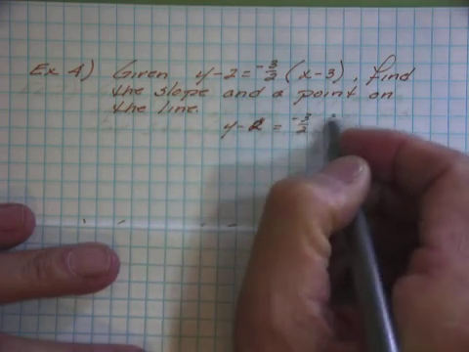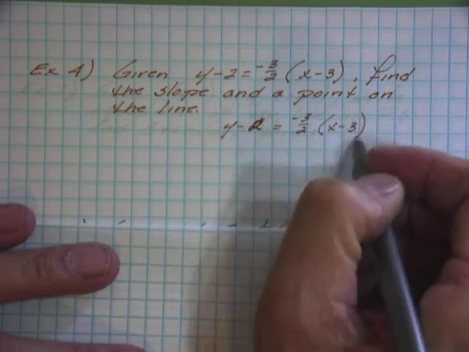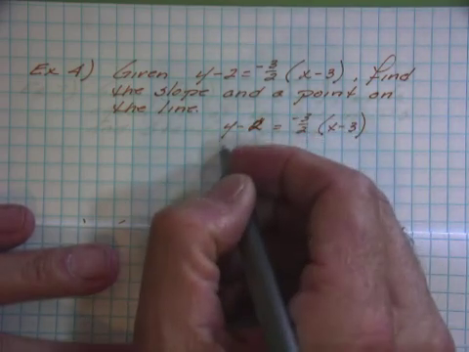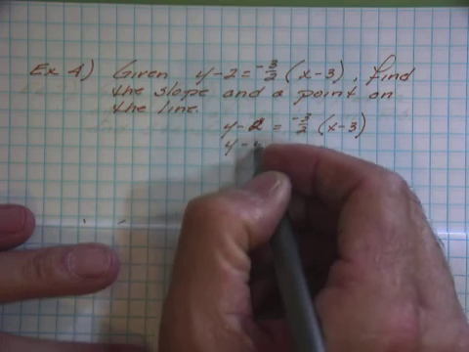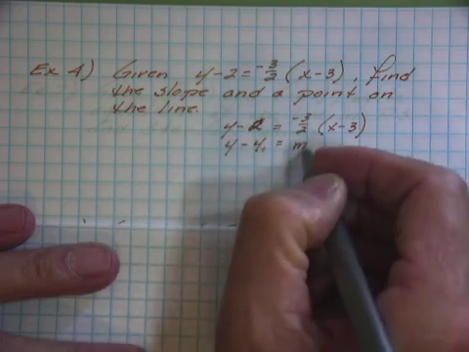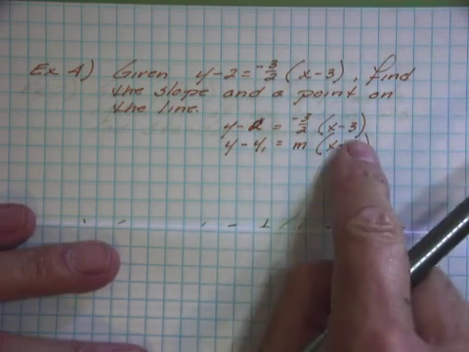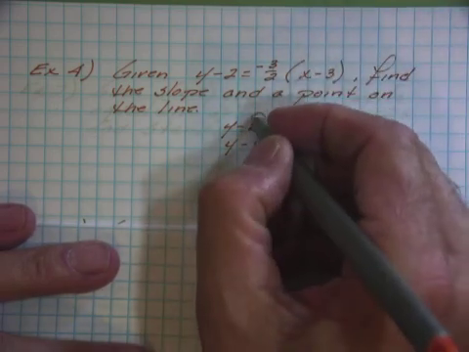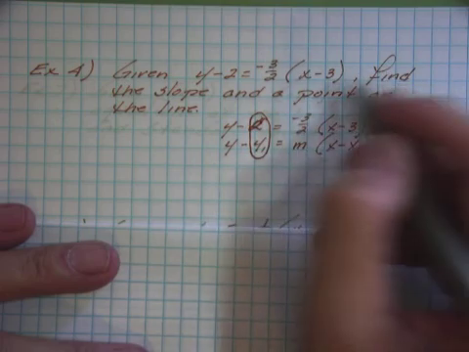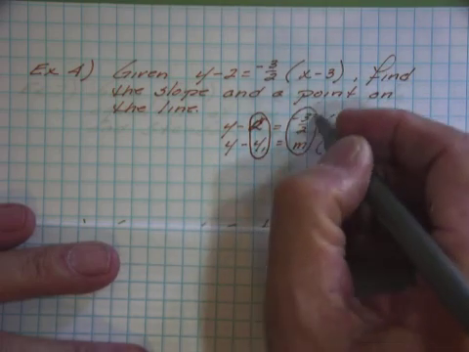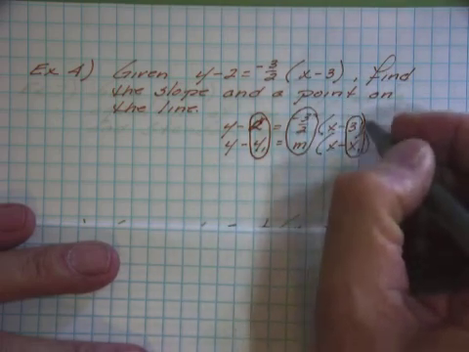So I'm going to start with y minus 2 equals negative 3 over 2 times x minus 3. Okay, below it, write the general form. Y minus y sub 1 equals m times x minus x sub 1. Notice how everything's lining up?